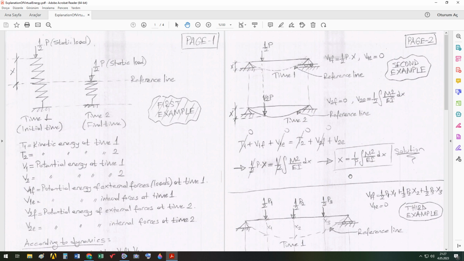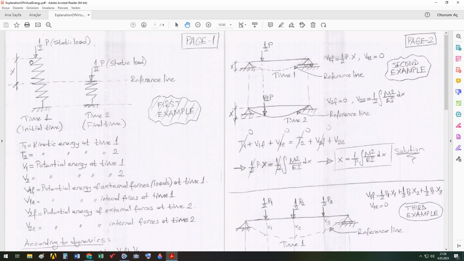First of all, I will show three examples to explain how energy equations are written. I will do this step by step. Now, first, consider our first example, as you see here on the left, on the first page.